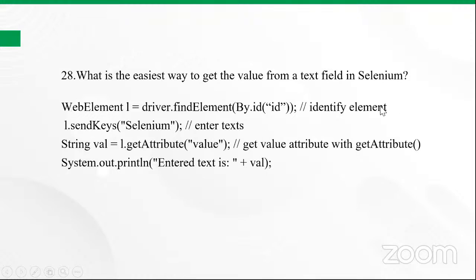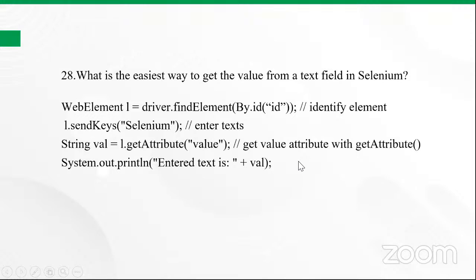You need to identify the element. Here, the element is identified by ID, and the user sends Selenium as the text. If you use the get attribute with value and output it in the console, we'll get the value Selenium that was entered.